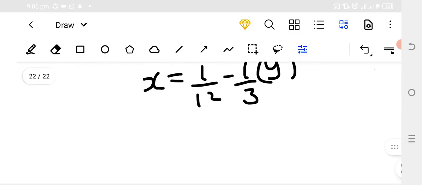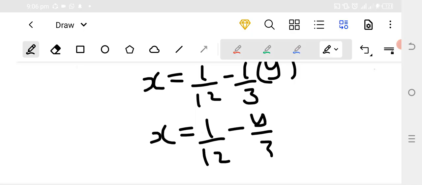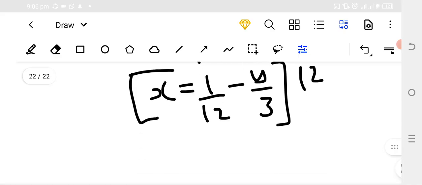So have you seen already? We can even answer. I'm saying x is equal to 1 over 12 minus y over 3. We multiply by the common denominator, the lowest common multiple of 12 and 3, which is just 12.